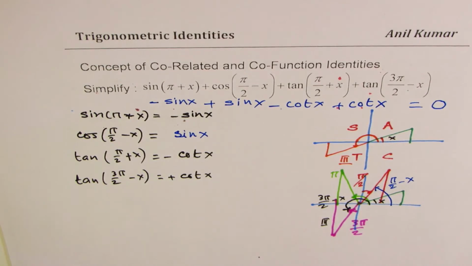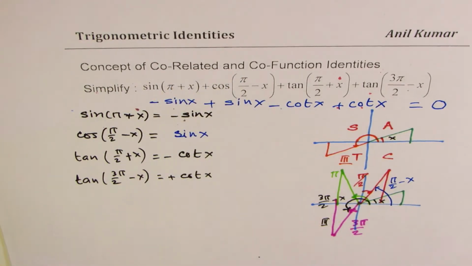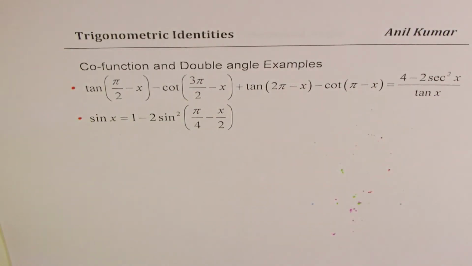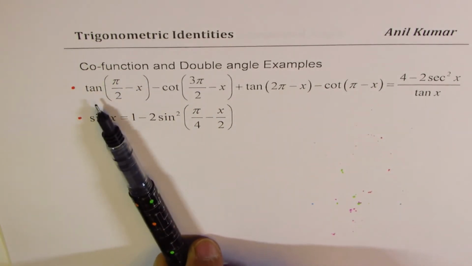But the idea here is again to consolidate the learning. How these correlated and cofunction are related, right? So now based on this we'll have an identity also. Rather we have two here. So the two questions here are based on cofunction identities.